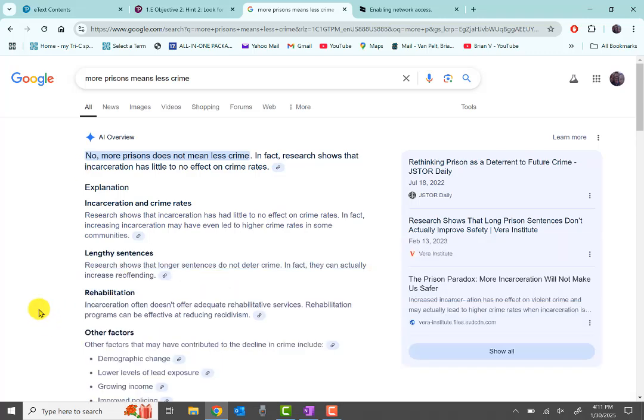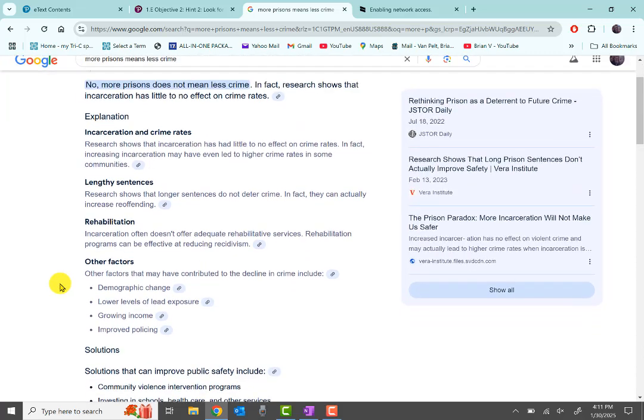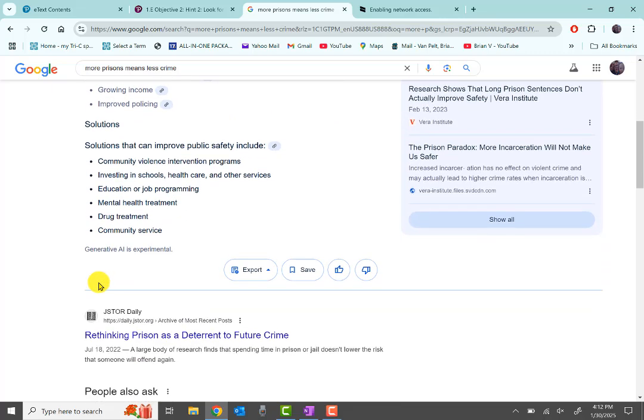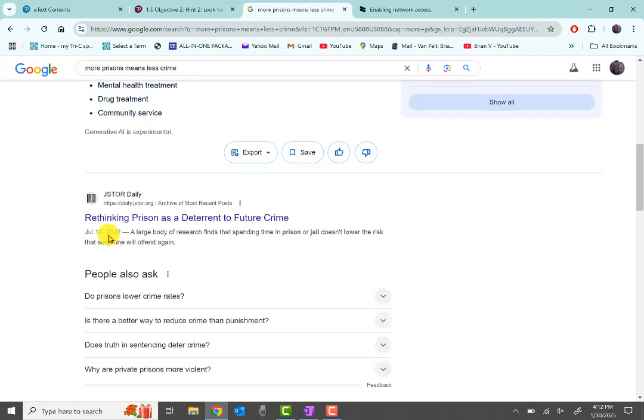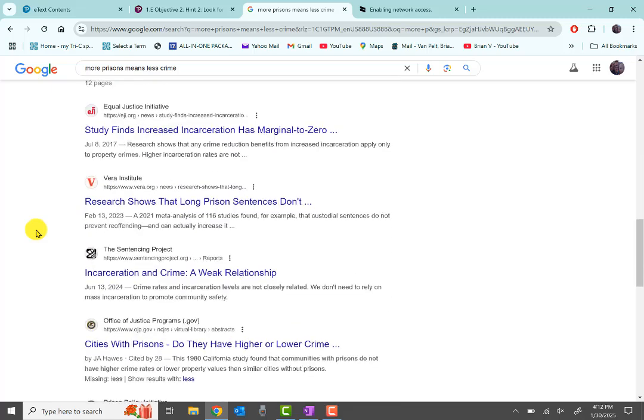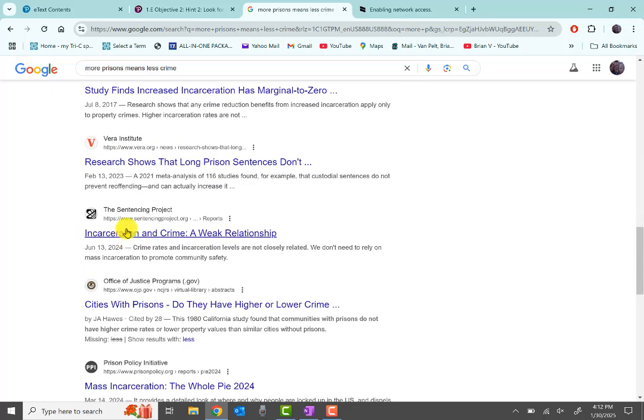If we scroll down underneath of that, it'll give different possibilities other than taking criminals off the street or building more prisons, for example: lengthy sentences, perhaps rehabilitation. All these things, you would need to read through to get a better feel. And even then, another place to start is Wikipedia, which is always a good starting place, but after that you'll have several papers and several websites that talk all about these things.